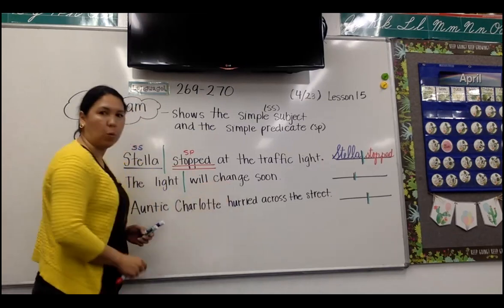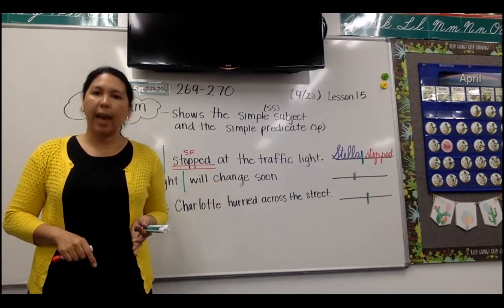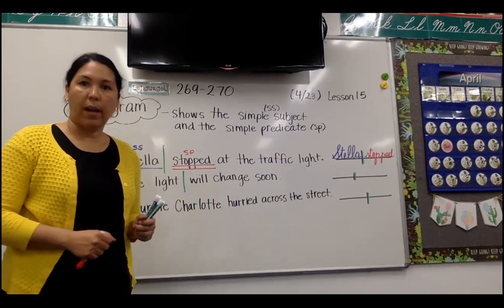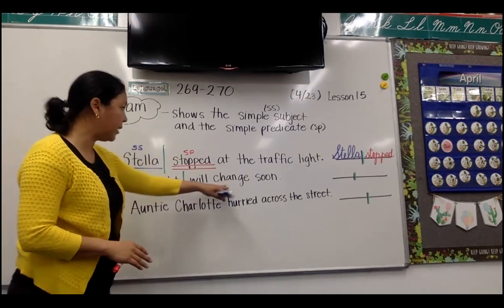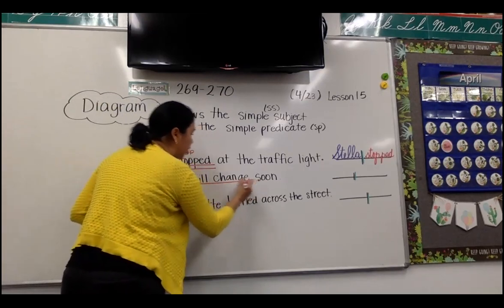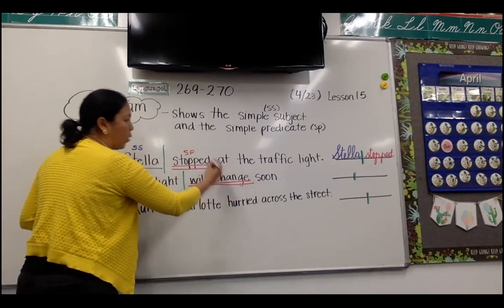Will what? Will change. Is change an action? Yeah, right? You can change your clothes, you can change directions. Lots of things can change, but change is something we can do. So will change is my simple predicate.